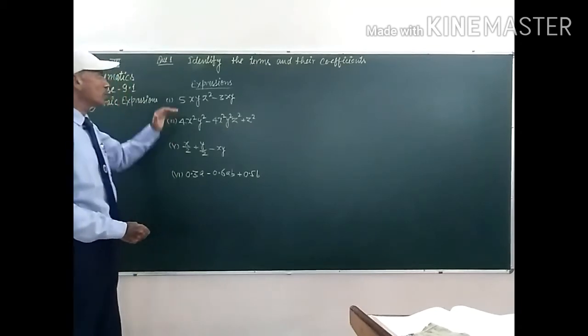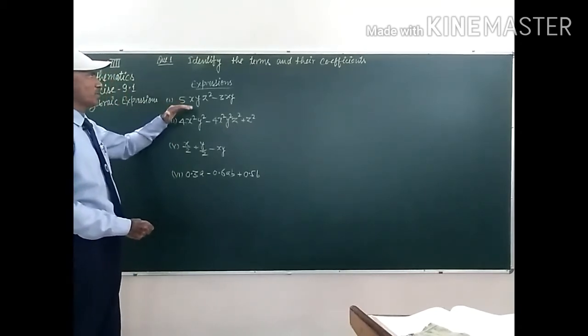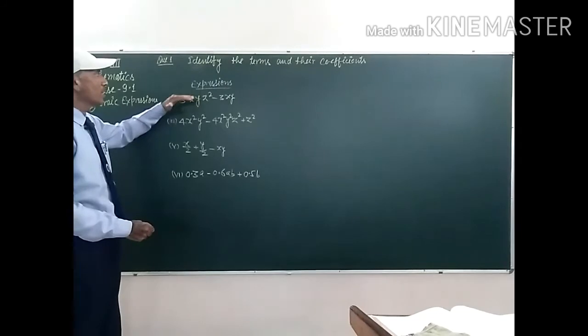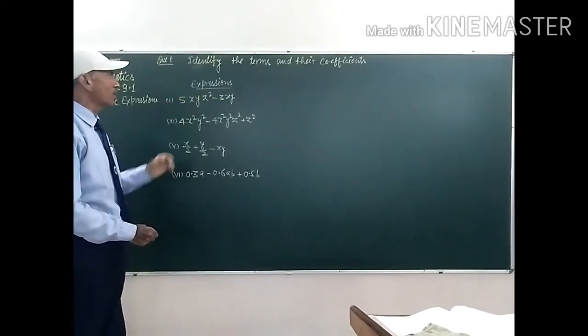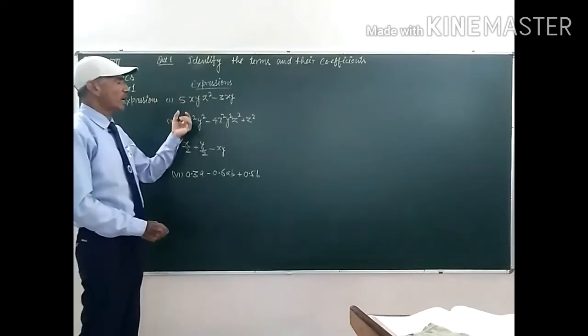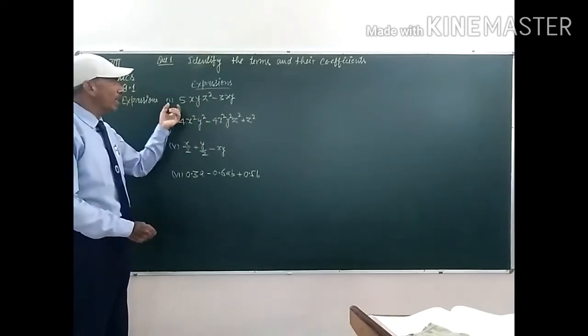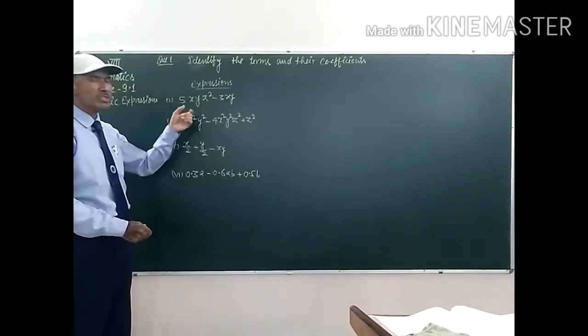Okay, students? So the first part of this question, in this expression you have to find out the terms, how many terms are there and what are the coefficients of those terms.